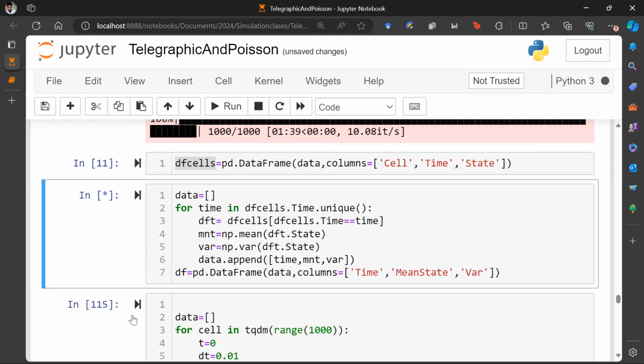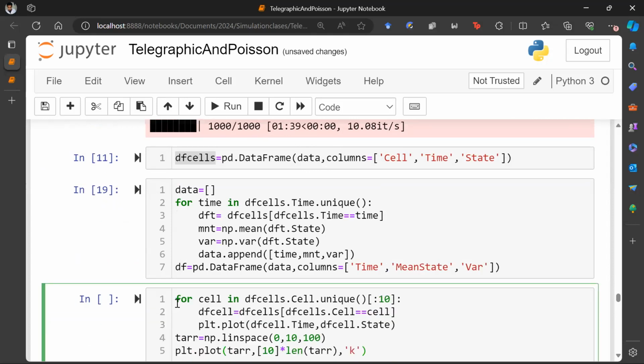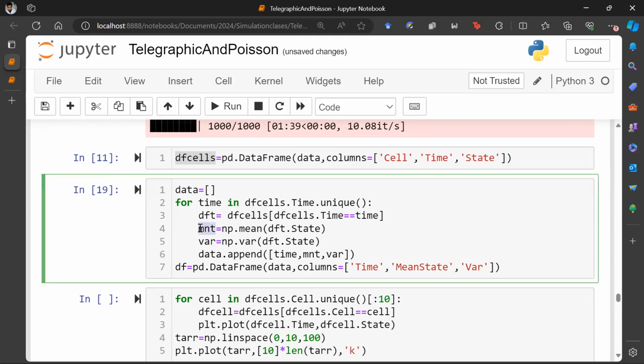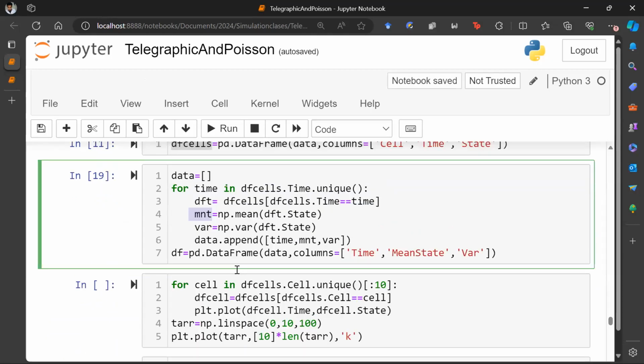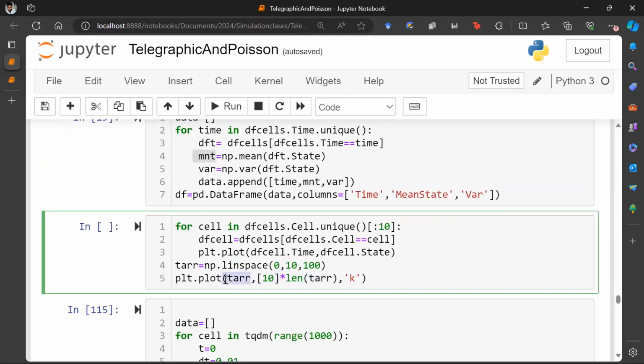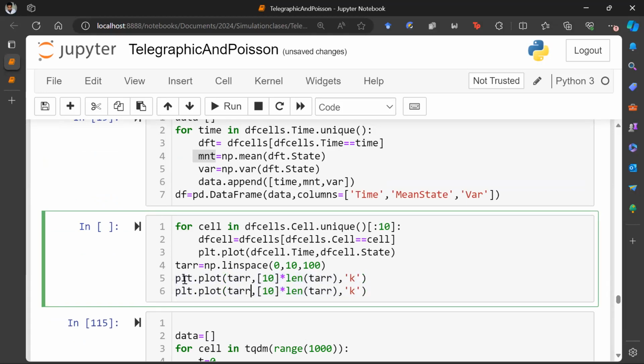You're just going to cut and paste this and plot the mean that I'm calculating here using this script that takes cells at a given time and calculates the mean. So I can plot here df dot time and df dot mean state.